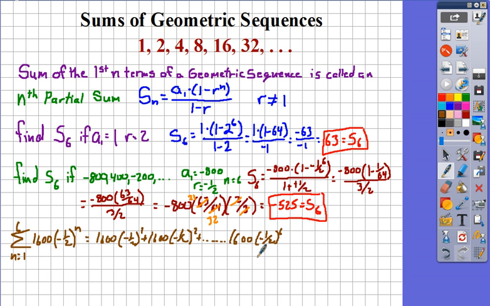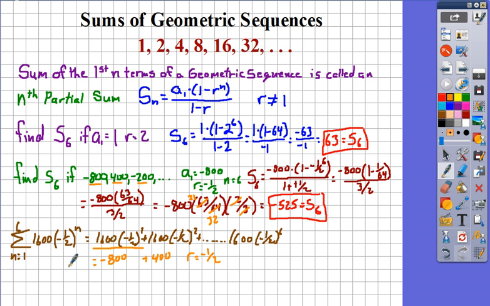Well, what we can do is simply get this value right here, which gives us our first term, and you'll notice that gives us negative 800. If we do the second term, we get 400. If we do the third term, we get negative 200. We start seeing the pattern that we had started with. If we do this divided by that, we get the common ratio r, negative 1/2.